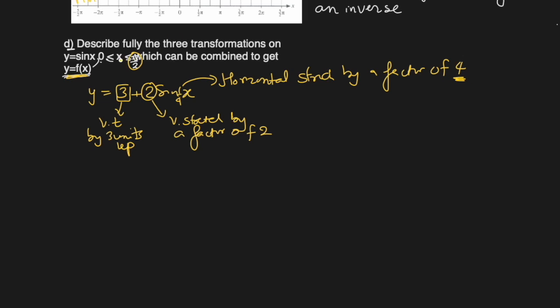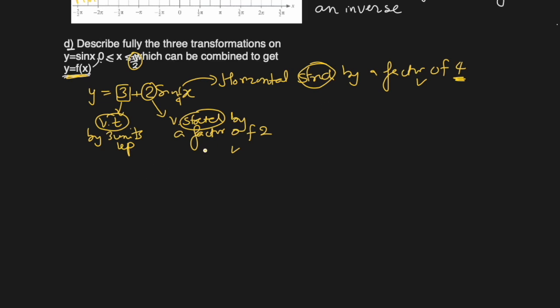So now they're saying the sequence has to be combined to get this. They have not typed it here, but they also said the sequence in which this will be done. Okay. This is the vertical translation, this is a stretch, and this is a stretch. Stretches or compressions take place first. You can say this one first or this one first, it doesn't matter, because one is in the x direction, one is in the y direction.